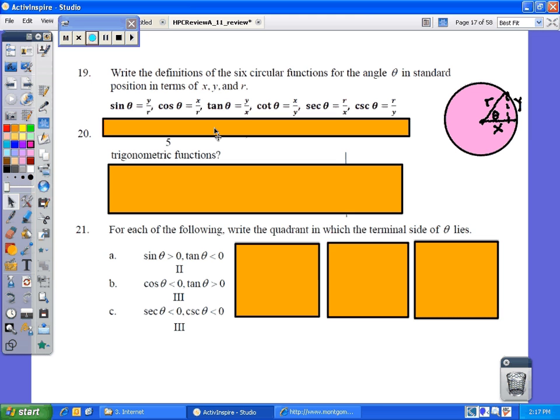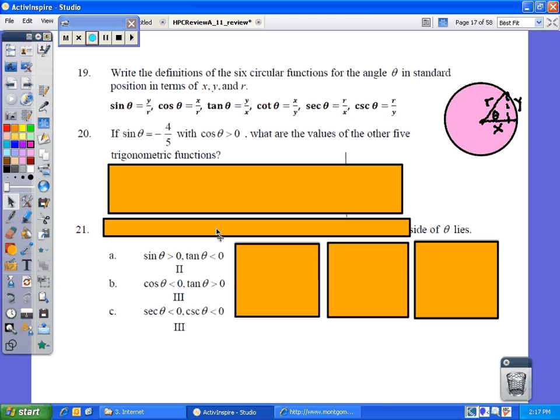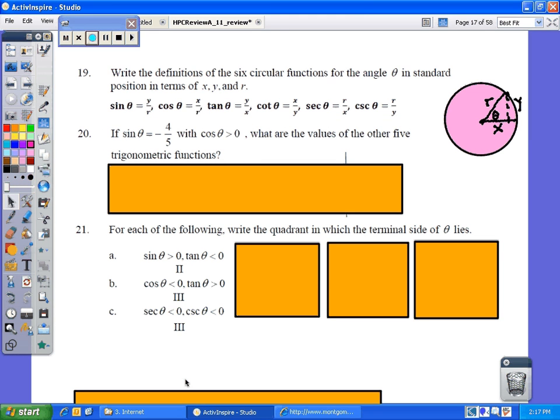All right, question number 20. If you have the sine of some angle as -4/5 and the cosine is greater than 0, what are the values of the other trigonometric functions? The basic question you want to ask yourself to get started is, if the sine is negative and the cosine is positive, where does my angle terminate?